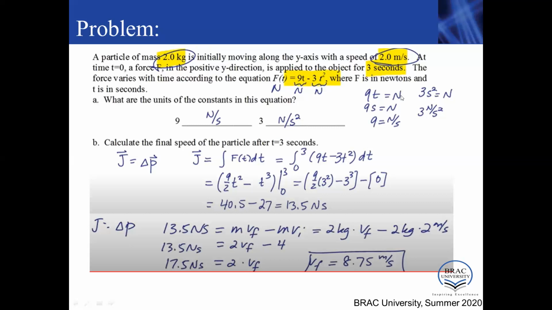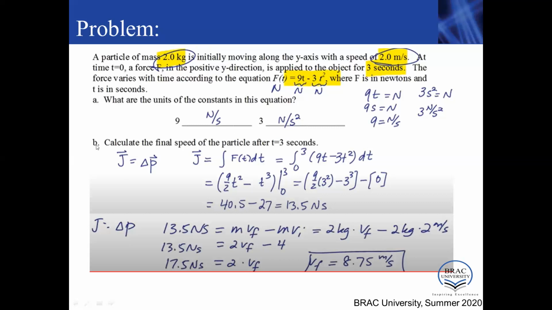Then 9t is equal to Newton, the unit of time is second, so 9 second is equal to Newton, then 9 equals Newton per second. So the constant 9 has the unit Newton per second. In case of 3t square, 3 second square is equal to Newton, then 3 is equal to Newton per second square. Then the unit of the constant 3 is Newton per second square.